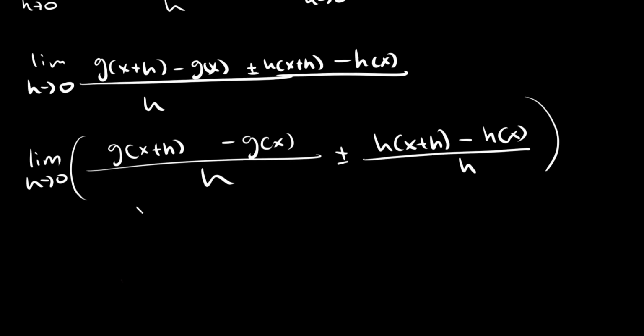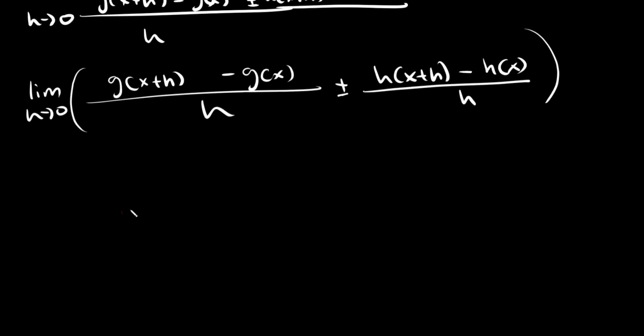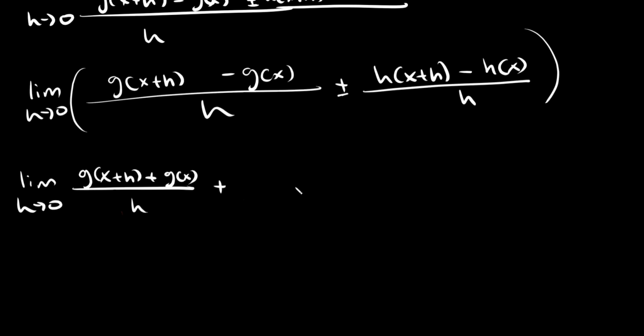We learned that in my limit rules. That's the reason why we learn limits, right? I can distribute my limits inside. This is a minus sign.